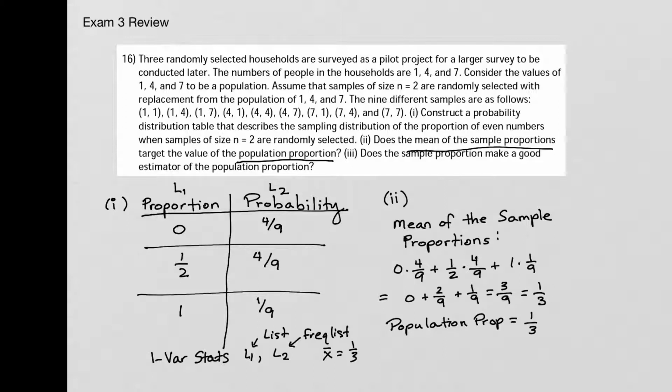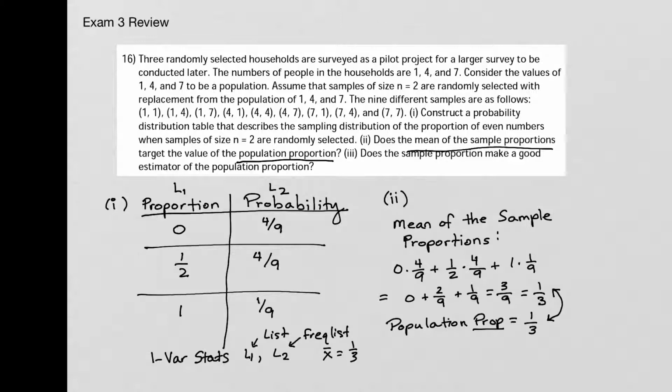So now I can see that the mean of the sample proportions turns out to be exactly the same as the population proportion. And we expect that when we're working with proportions, because we know that the mean of the sample proportions always targets the value of the population proportion. And that's why the sample proportion makes a good estimator of the population proportion.